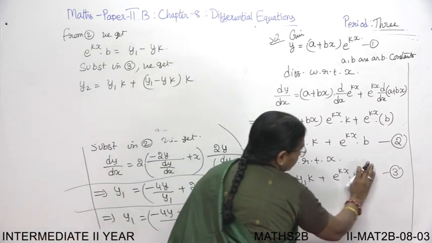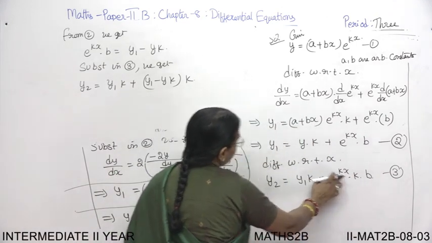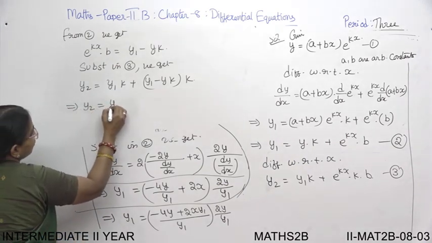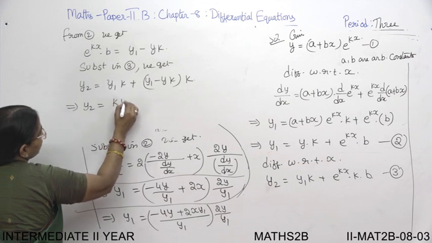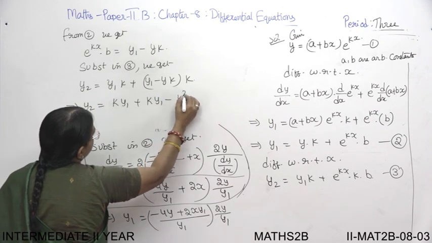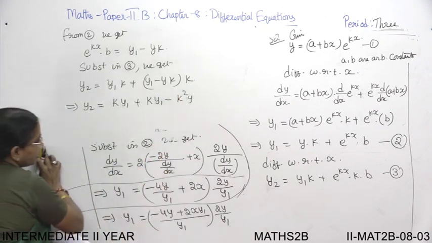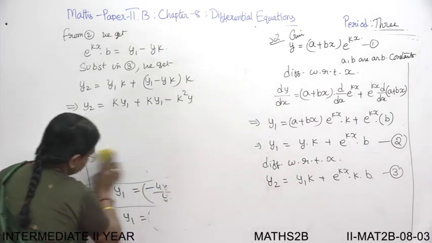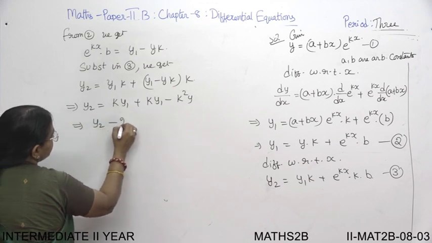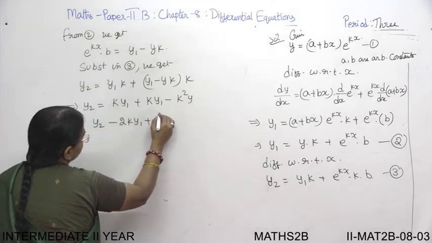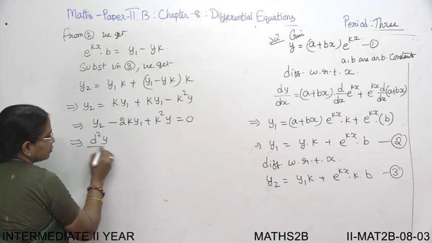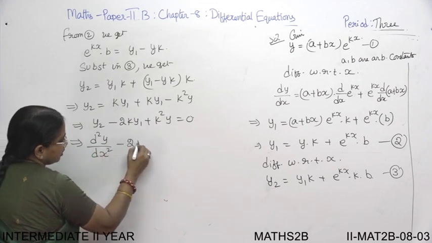So e power kx into b is this, into k, that k we should write. So that means y2 is equal to ky1, and again another ky1 minus k square y. So it implies y2 minus 2ky1 plus k square y is equal to 0. Now you must write it in terms of d square y by dx square.